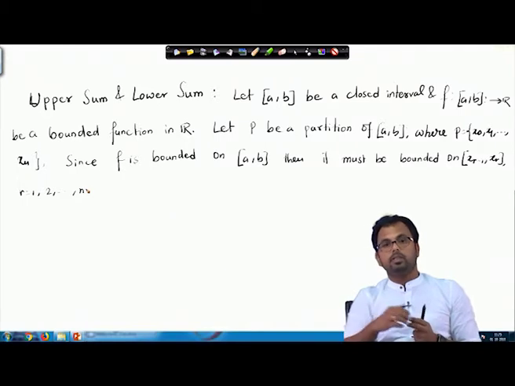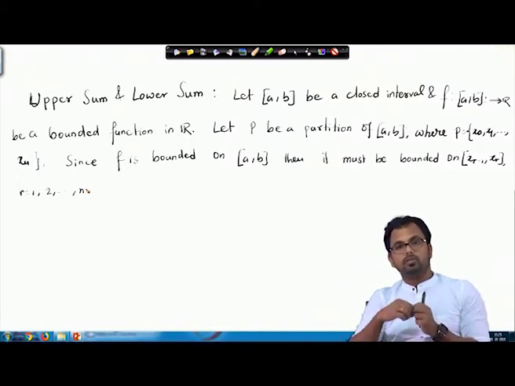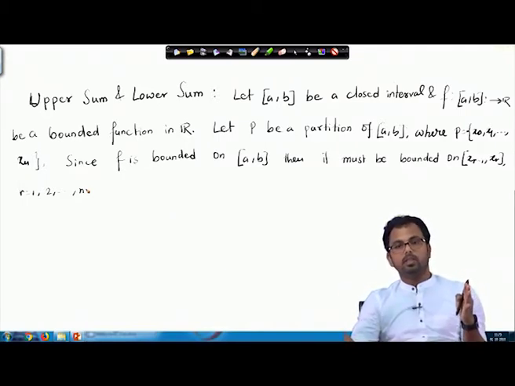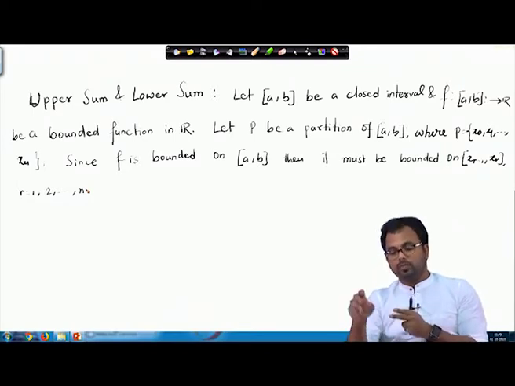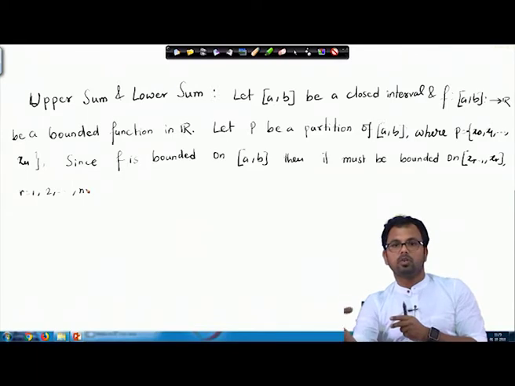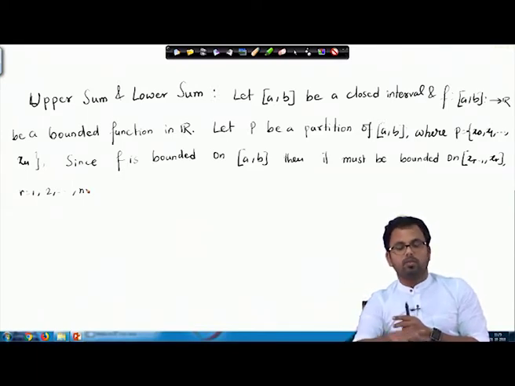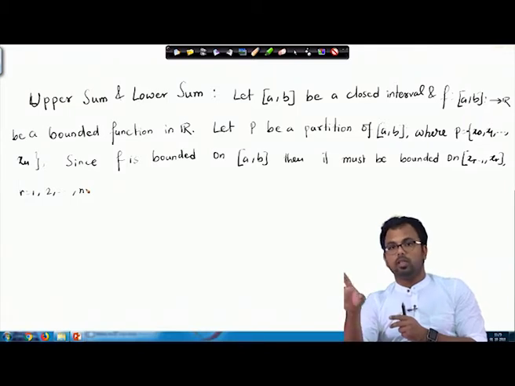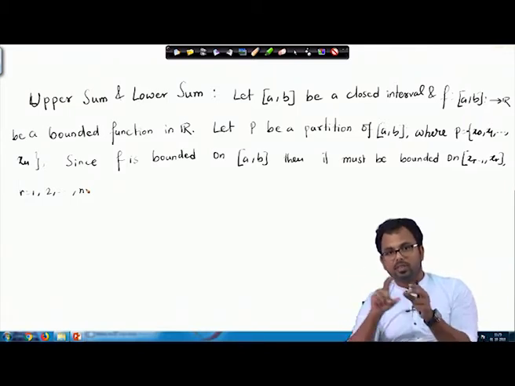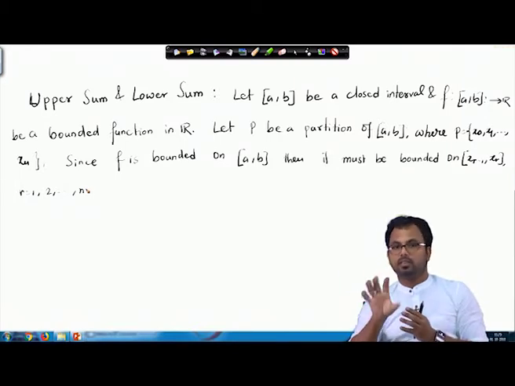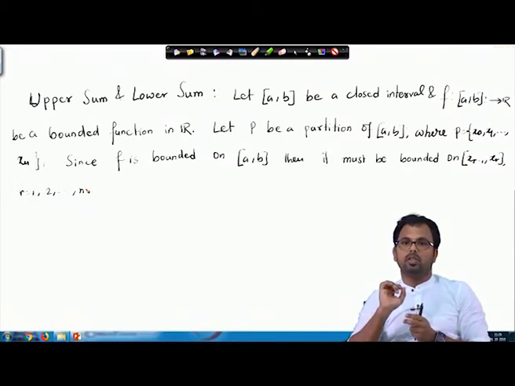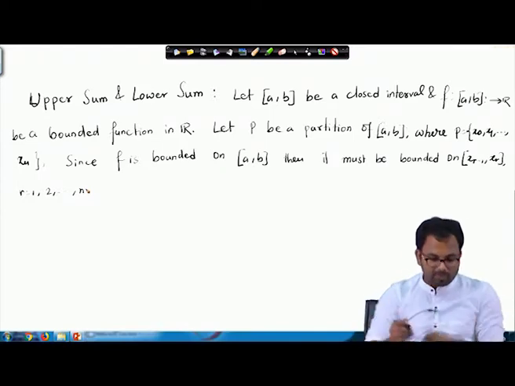Here the idea is, if you have a function f which is bounded on the whole interval [a, b], then certainly it is bounded on every subinterval. So [xr minus 1, xr], for every value of r, can be any one of those subintervals, and if the function f is bounded on the entire interval, then obviously it will be bounded on that one small subinterval.